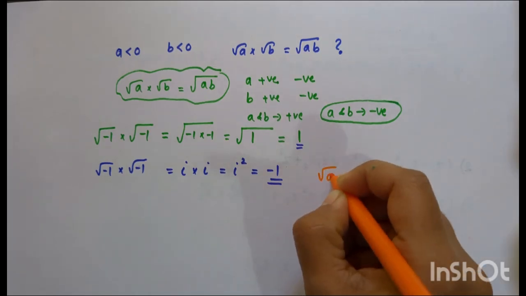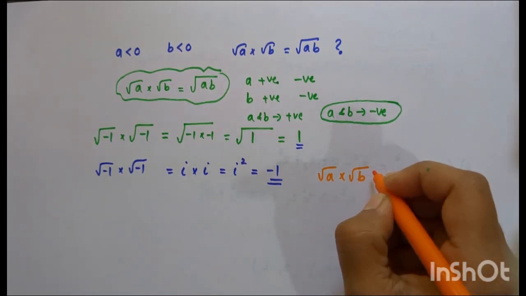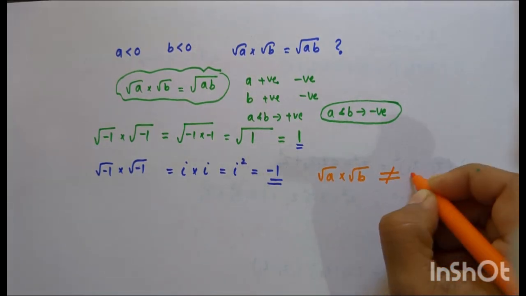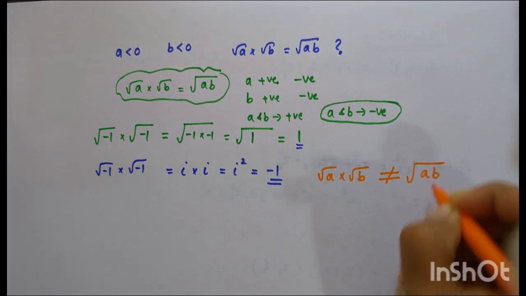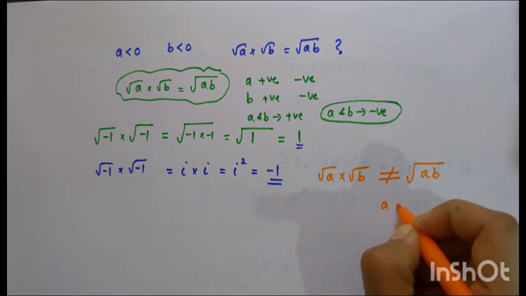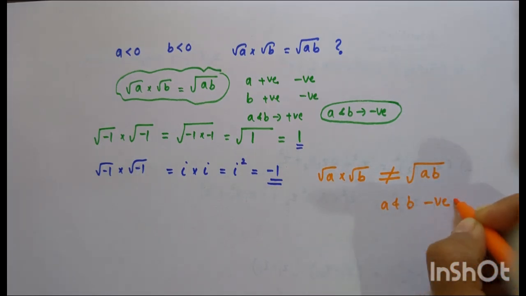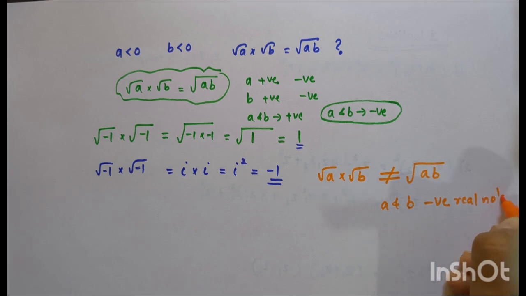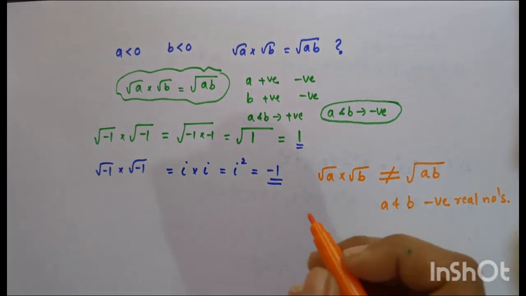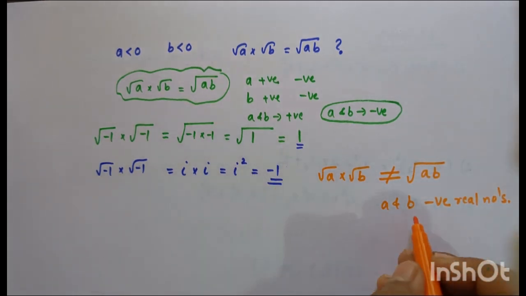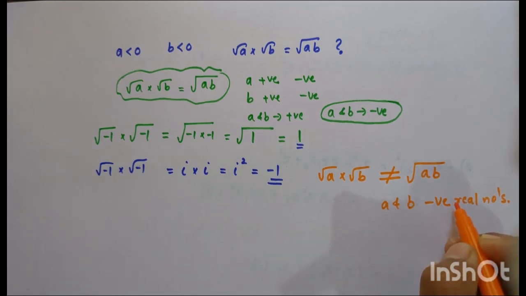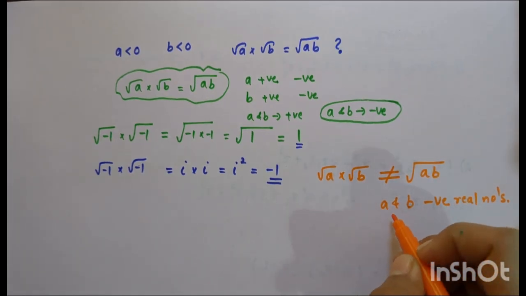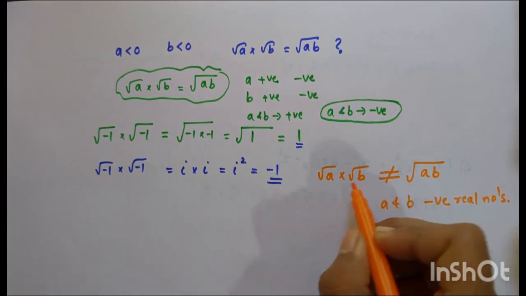See, square root of a into square root of b is not equal to square root of a into b if both a and b are negative real numbers. If both a and b are less than 0, then this equation is not true for them.